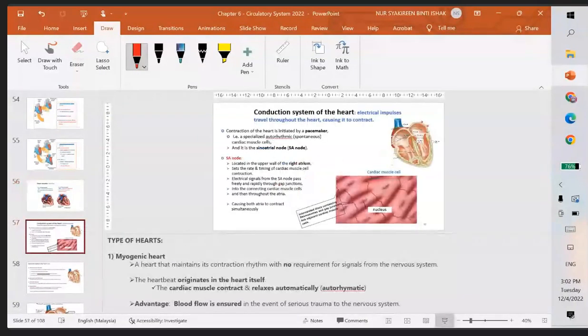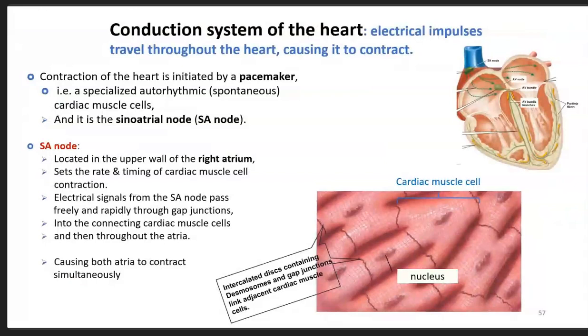So for today's lecture, we are going to look at the conduction system of the heart, where it involves the generation of electrical impulses by the cardiac muscle itself.